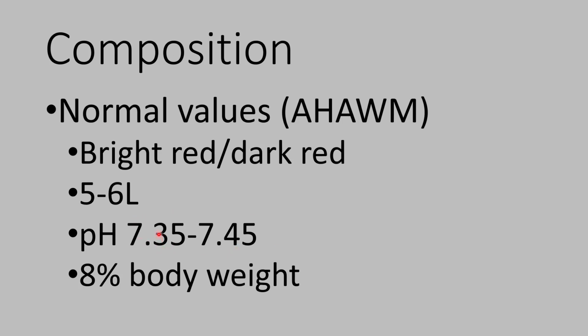Now, if the pH goes below 7.35, we say that that is acidosis. If the pH goes above 7.45, we say that is alkalosis. But pH should be between 7.35 and 7.45. Blood should make up about 8% of body weight.